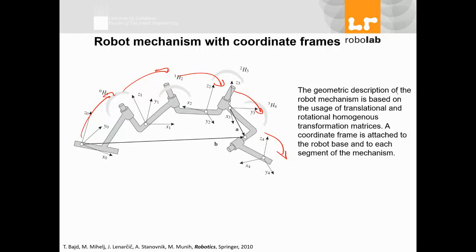So the geometry description of the robot mechanism is based on the usage of the translational and rotational homogeneous transformation matrices. A coordinate frame is attached to the robot base and to each segment of the mechanism. So on base, we have a coordination system. On each segment or joint or link, we have a coordination system, and the relationship between these can be described as we did before.